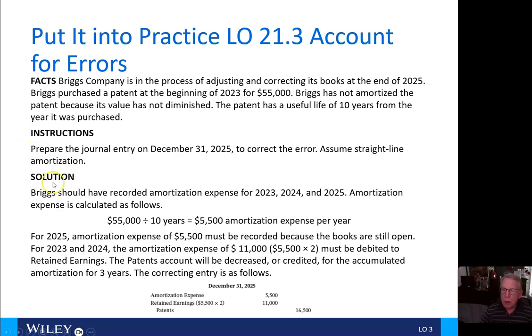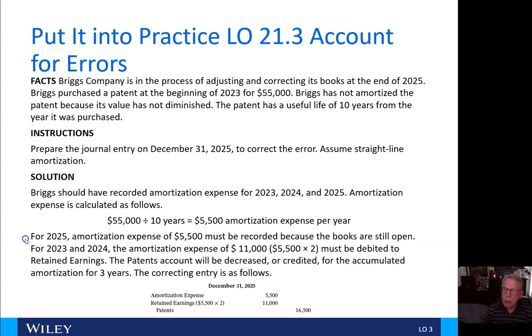So I think pretty straightforward here. Briggs should have recorded amortization for 2023, 2024, and 2025. Amortization expense is calculated as follows. We'll take the $55,000 divided by 10 years, and that will give us $5,500 amortization expense per year.